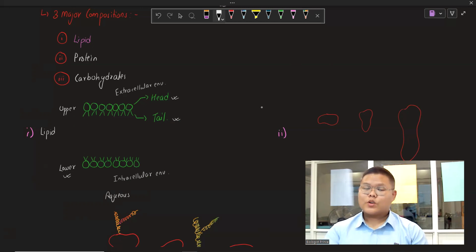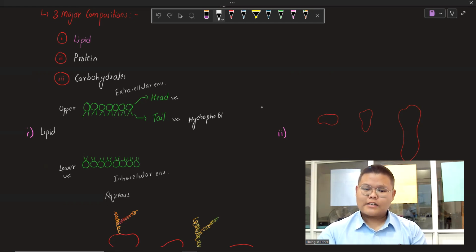It means they have some water content in them, right? The reason the tail part of the lipid is not facing outward, towards the extracellular and the intracellular environment, is because it is hydrophobic in nature.